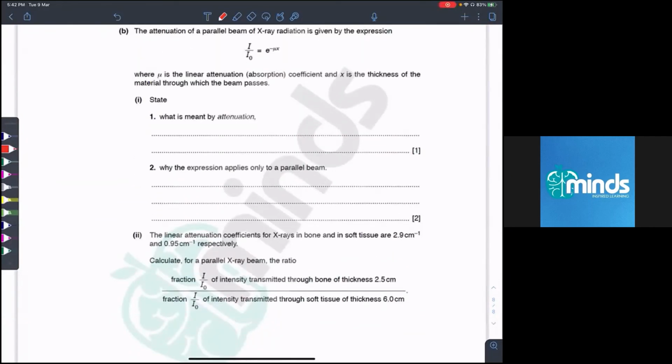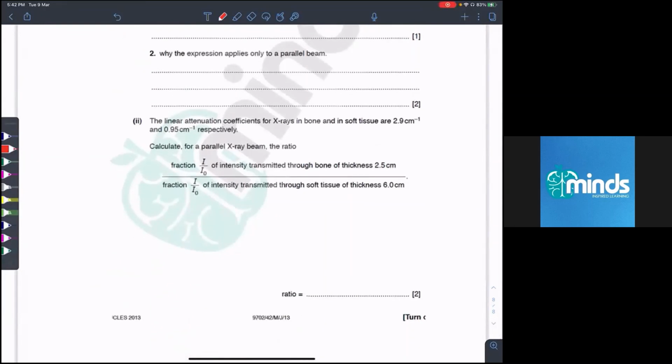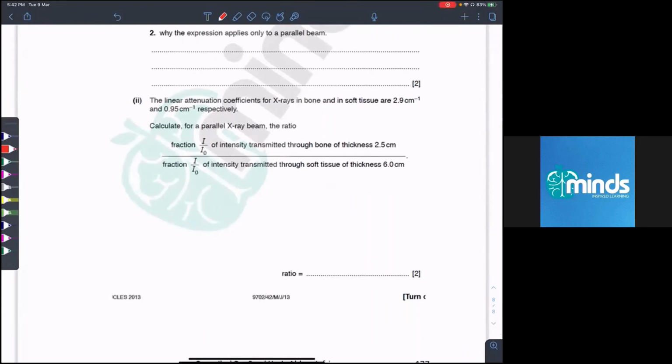Because if we are using a diverging beam, intensity will decrease even without passing through anything. So the formula we are using is valid for a parallel beam only. The linear attenuation coefficients for X-rays for bone and soft tissue are 2.9 per centimeter and 0.95 per centimeter respectively. Calculate for a parallel X-ray beam the ratio.